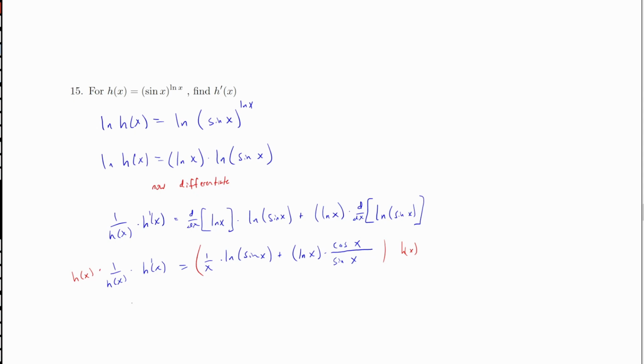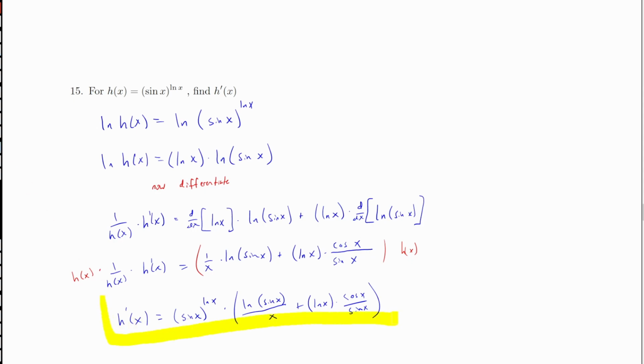So h prime of x is going to equal h of x times all of the stuff. But instead of writing it as h of x, I'm going to write my formula that we had originally, sine x to the power of ln of x. You could write cosine x over sine x as cotangent x if you like, or not. Either way is fine.